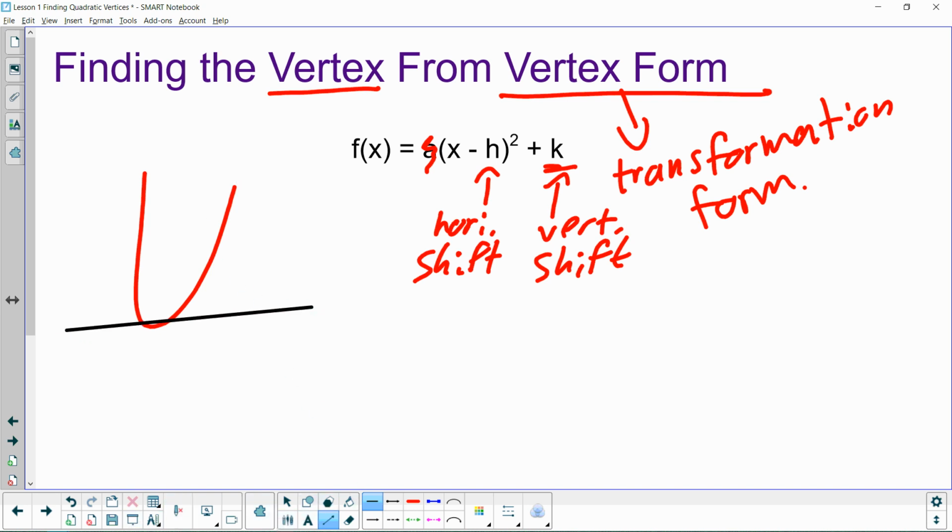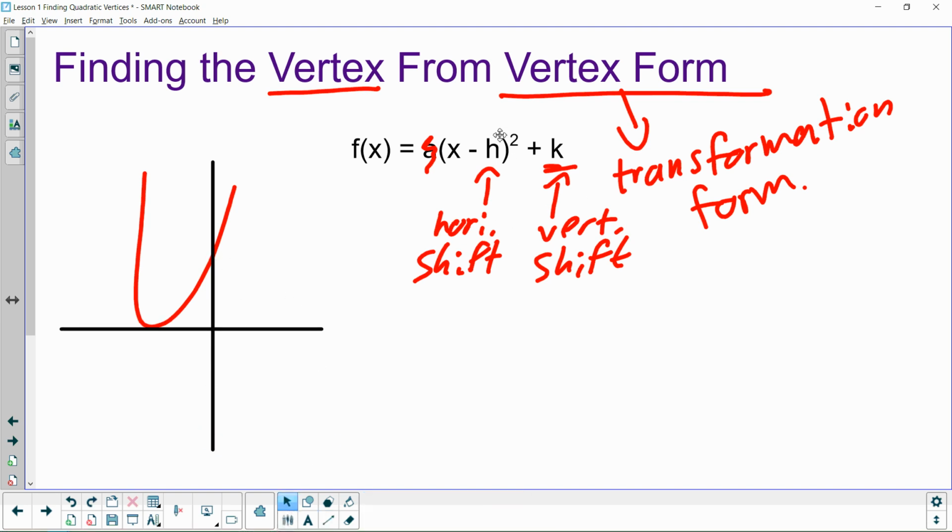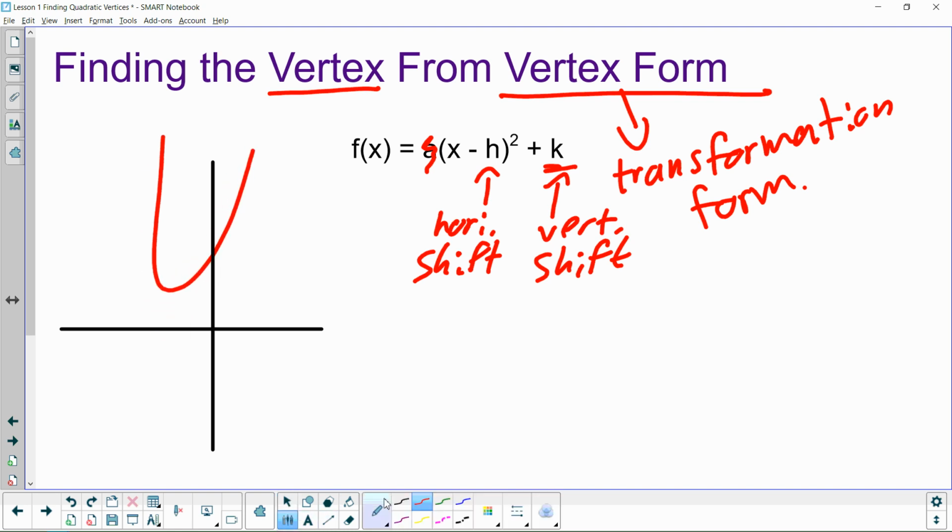So this is our horizontal and vertical shift. So that tells us how this graph is going to get moved sideways and up and down. What's important about that is it tells us how far the vertex is moved from the origin. So if they give you something in vertex form, it's called vertex form because it tells you the vertex and you don't have to do any work.